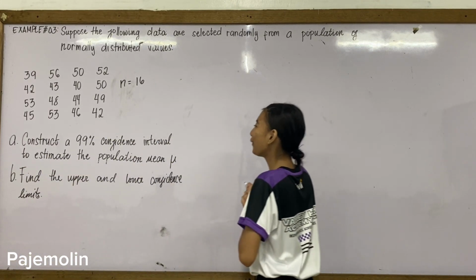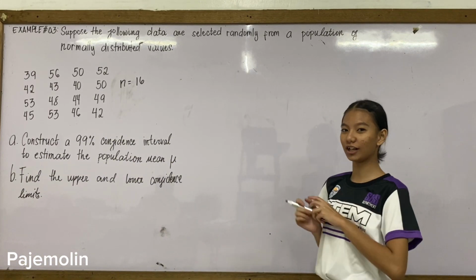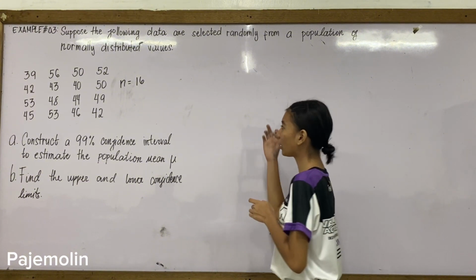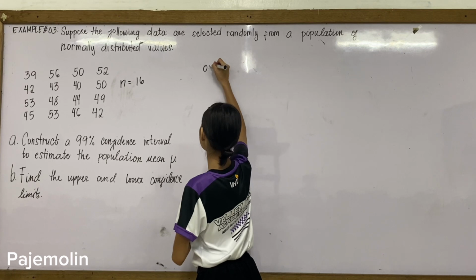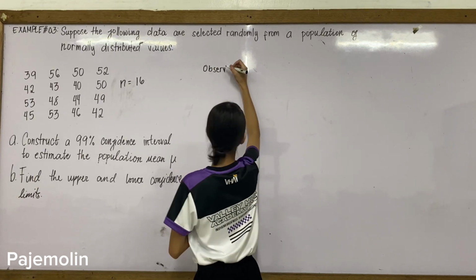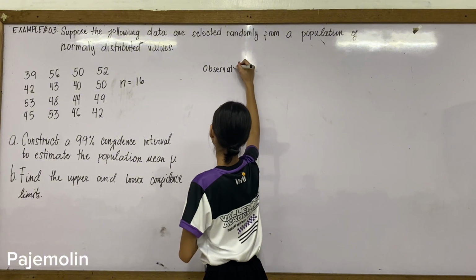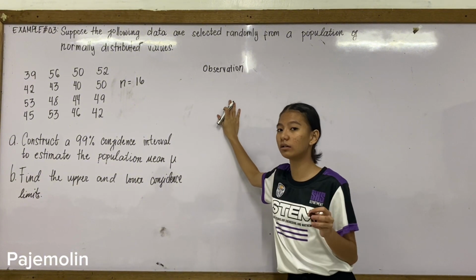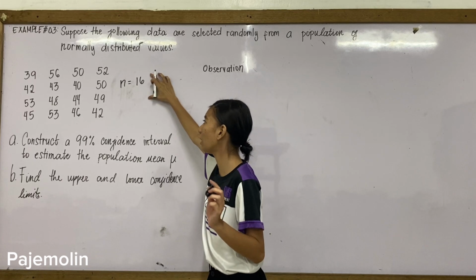So our step 1 would be to construct our table of values. For our first column, we have observation. So our first column consists of our sample size.